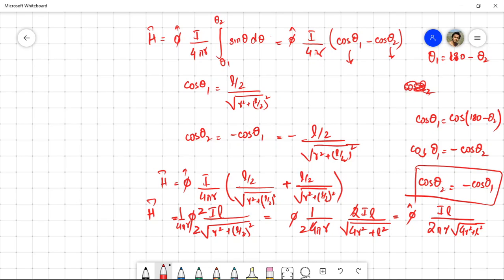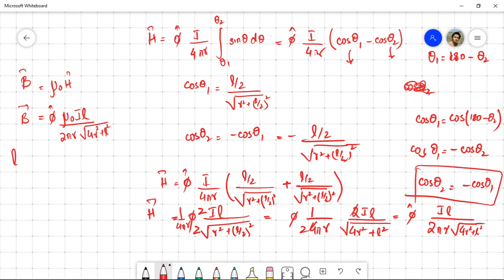Now if we want to calculate the value of B, it is equal to mu naught H. So we can put the value of mu naught here. This will be phi hat mu naught IL over 2 pi r under root 4r square plus L square. This is the value of B for a current carrying conductor, and there is a special case.